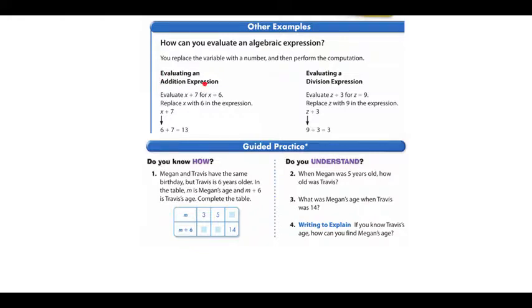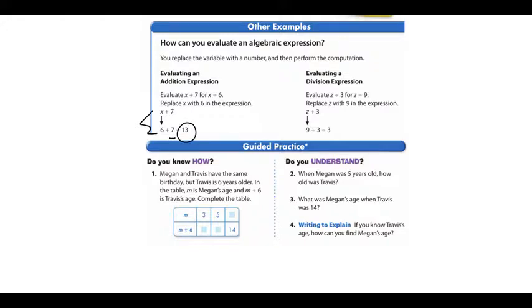If it's an addition expression, we're simplifying or evaluating an addition expression. It says evaluate x plus 7, and if x equals 6, all you do is swap out the x and the 6. Then you add what was already there, 7, to get your answer of 13. That's simplified.